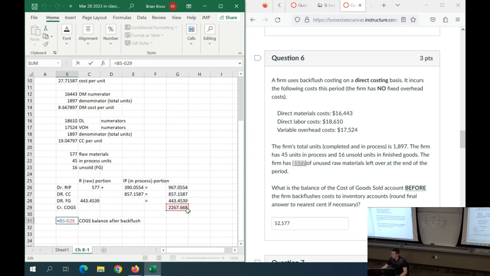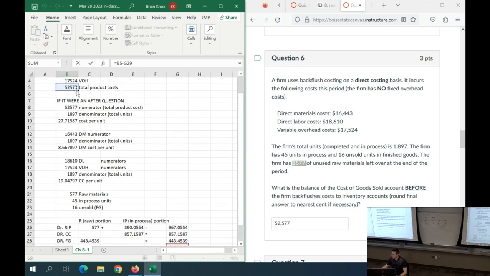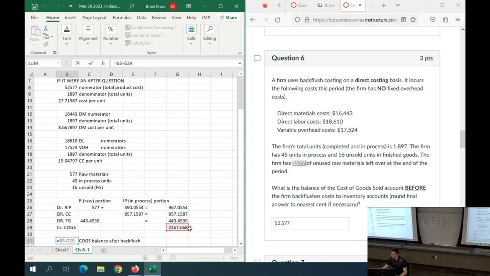Yes. So this is our before balance of cost of goods sold minus the credit here that we figured out. Okay, so I went through the whole process. If I were trying just to answer the after question, I could skip some steps. Because look what I've done.